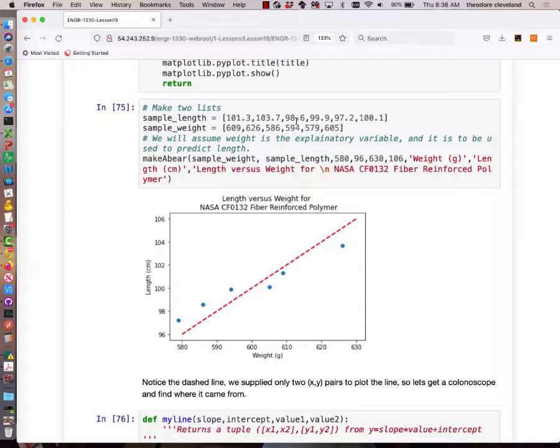So now let's make the two lists. The data we're going to examine are the sample length of a fiber for fiber reinforced polymer and the associated sample weight. The lengths are expressed in centimeters and the weight in grams. So if we have 101 centimeters, that's roughly a meter, 3 1/4 feet, and it weighs 600 grams, 6/10 of a kilogram.